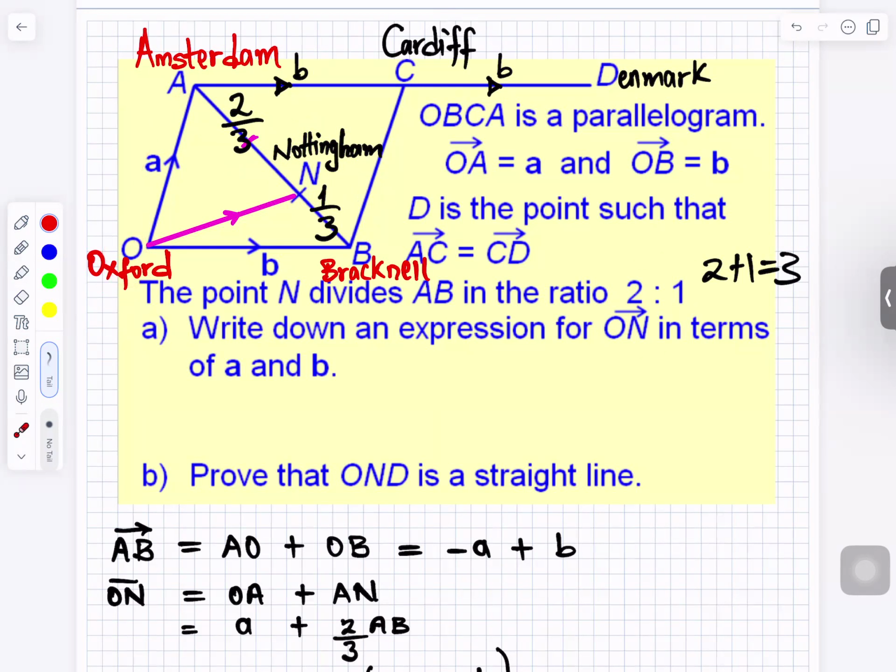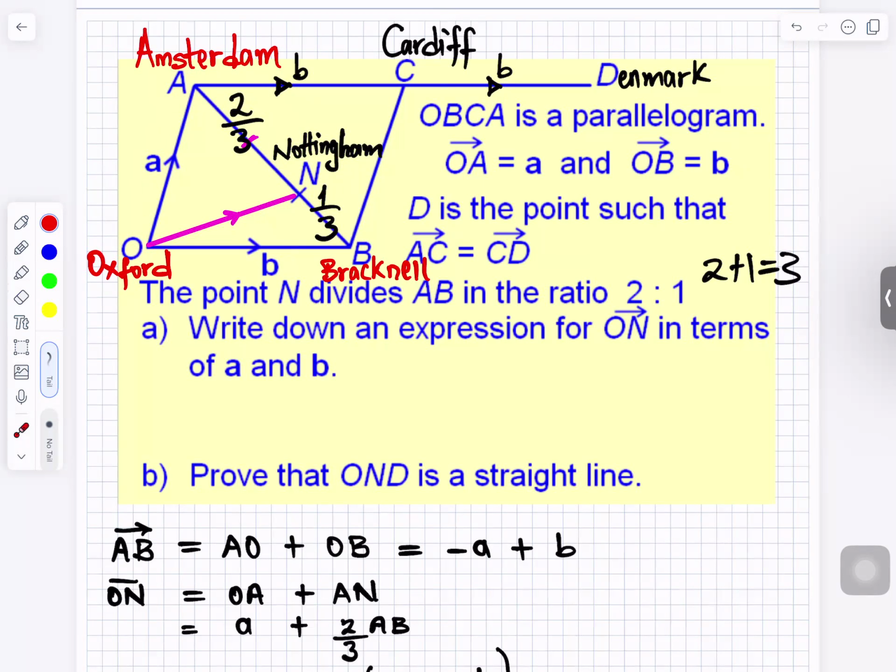You want to travel from O to N. So O to N, you can go from Oxford to Amsterdam, and then from Amsterdam to Nottingham. You see the path. That gives you O to N.